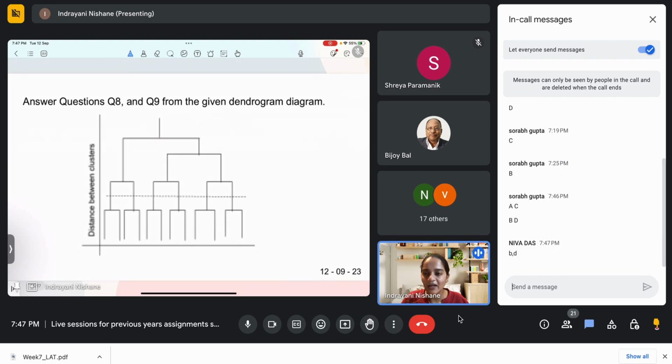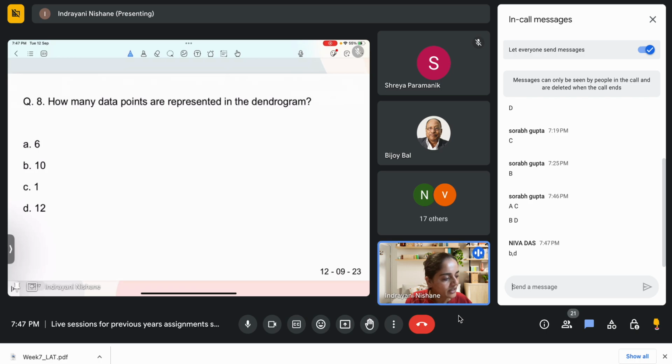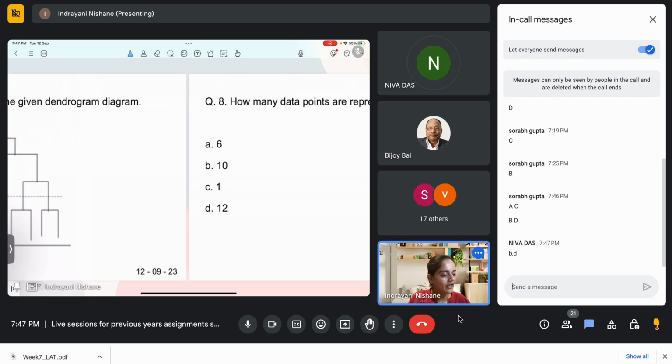So for question 8 and 9, this is the dendrogram we have given. So distance between the clusters is y-axis and x-axis has the individual data points. Okay? So we'll come back after looking at the question. How many data points are represented in the dendrogram? 6.